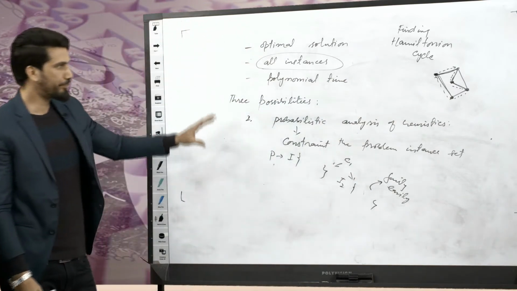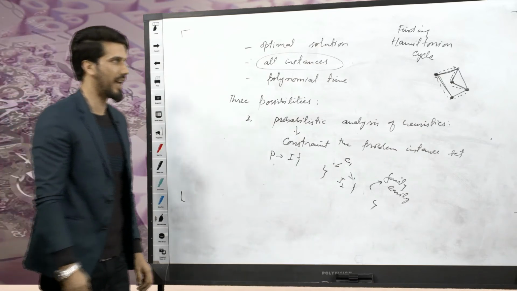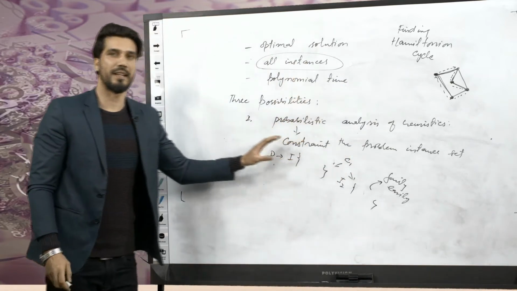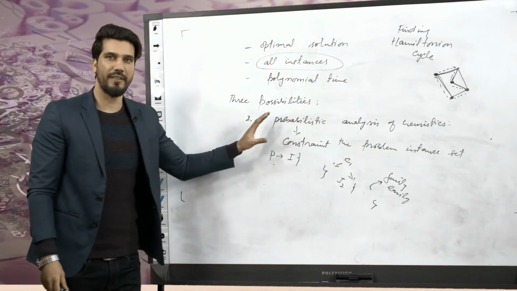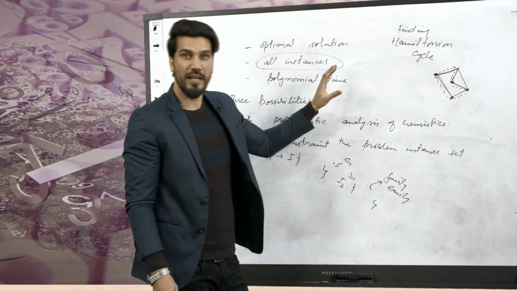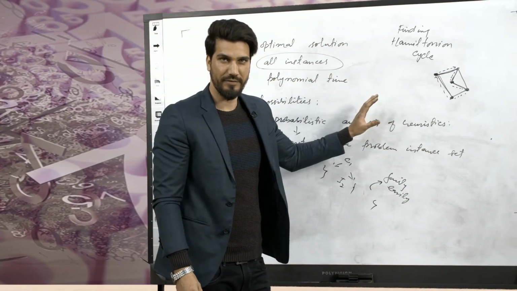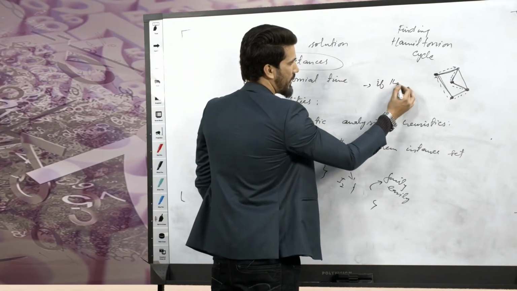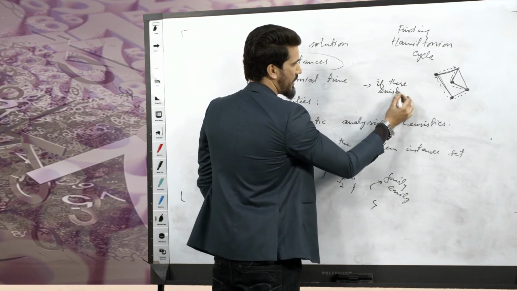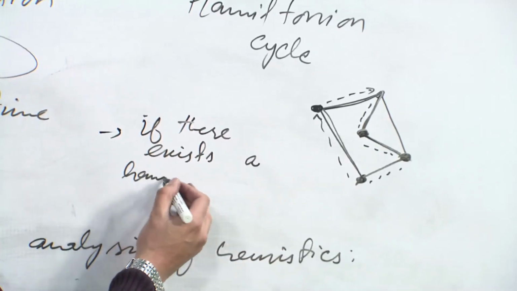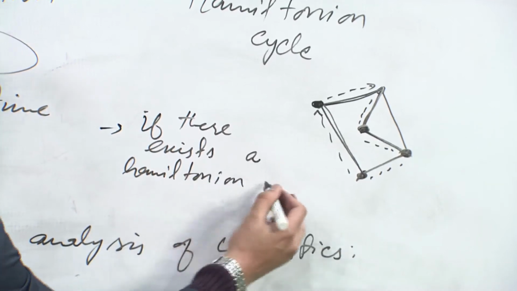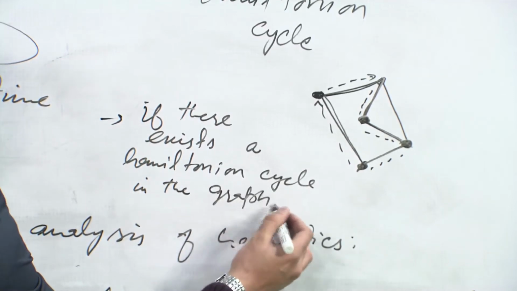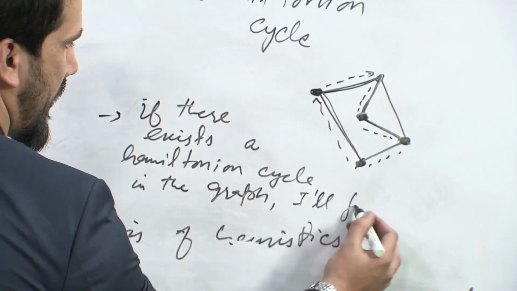But there's an efficient algorithm which says that I'll find a Hamiltonian cycle in almost every graph if there exists a Hamiltonian cycle in the graph. So the constraint here is if there exists a Hamiltonian cycle in the graph, I'll find one.